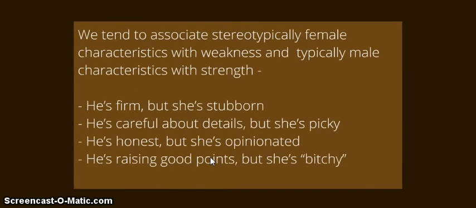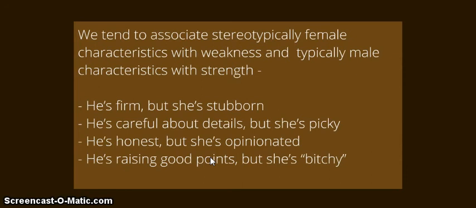One thing I wanted to mention, in some ways wrapping up this basic introduction, is that one of the ways we still see patriarchy, that is men as a group having more power, is that the things we associate with each are often really the exact same thing. If it belongs to a male, it's seen more as a positive, and if it belongs to a female, it's seen more as a negative.